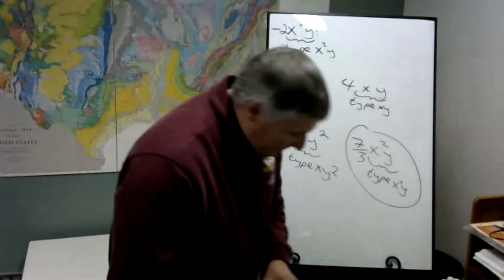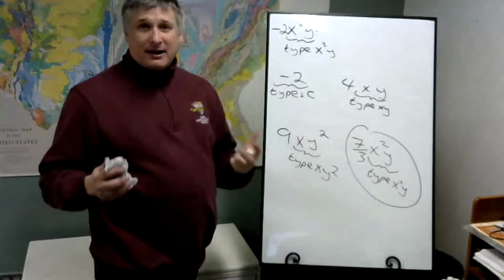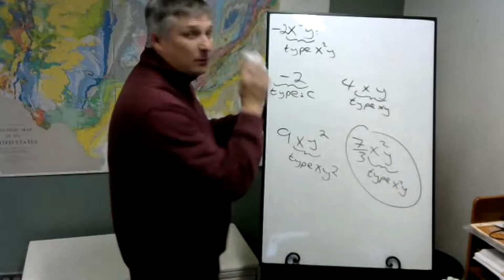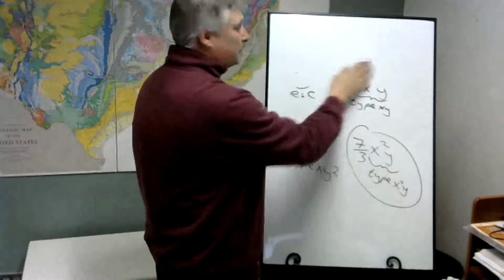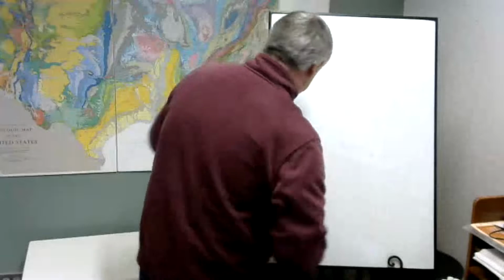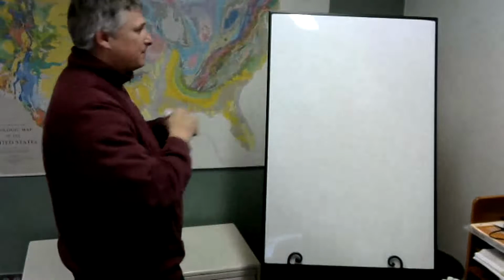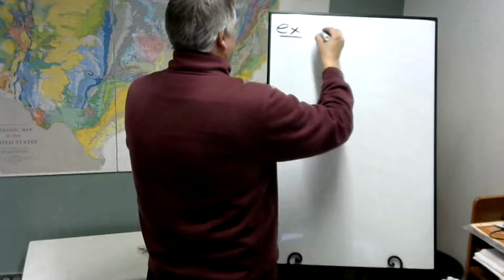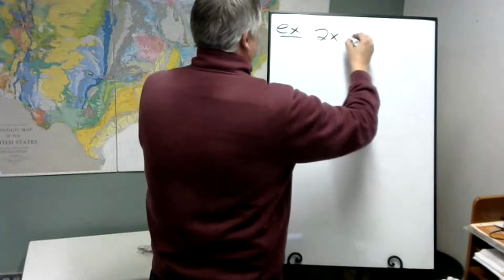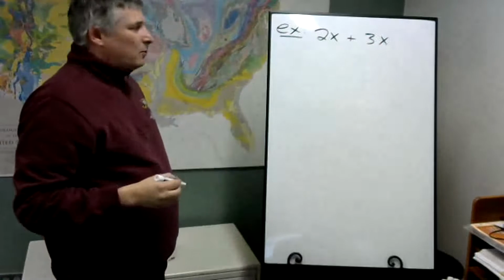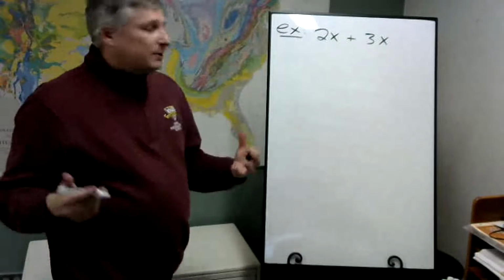All right. So that's how we can identify types. Now we're going to look at combining these terms. And the way we do that is we count them up. Now, to count these up, let's say we have something like this. Now, we can rewrite this, because remember, multiplication.